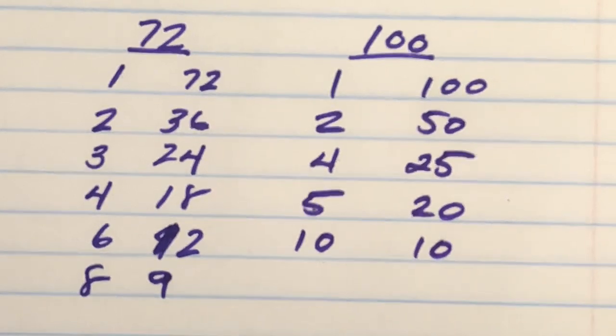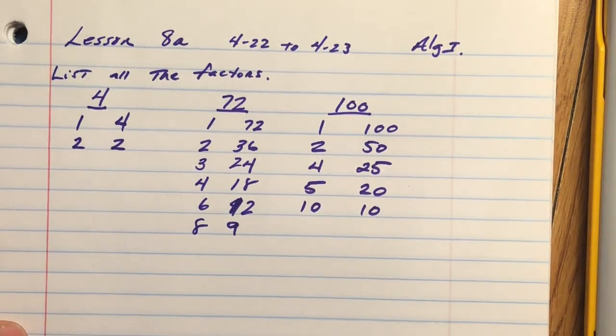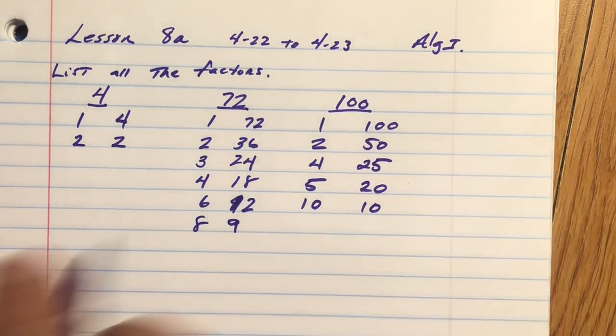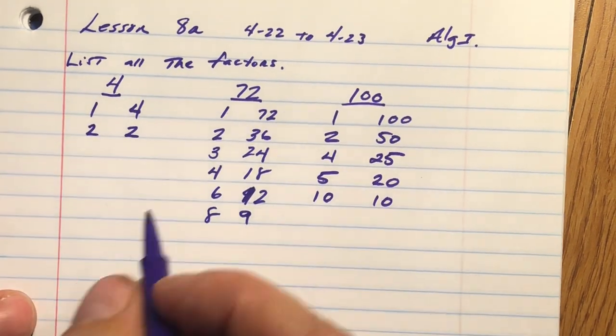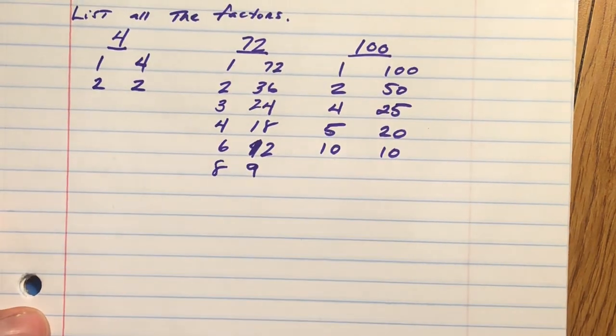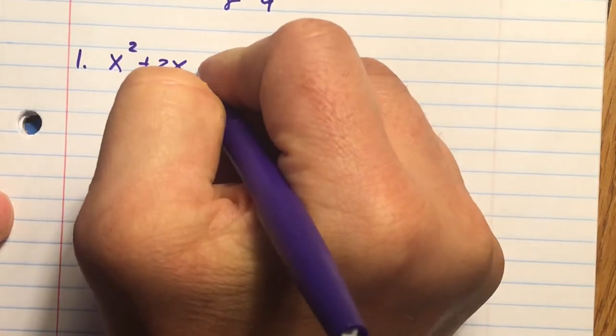Okay, so a little bit of a review of what we're going to be doing today. All right, let's go through your notes, okay? And again, I'm going to use lined paper today because I like having the lines there. It gives me a little bit more structure, okay? But if you download or look at the notes from Schoology, number 1 is x squared plus 2x minus 24.